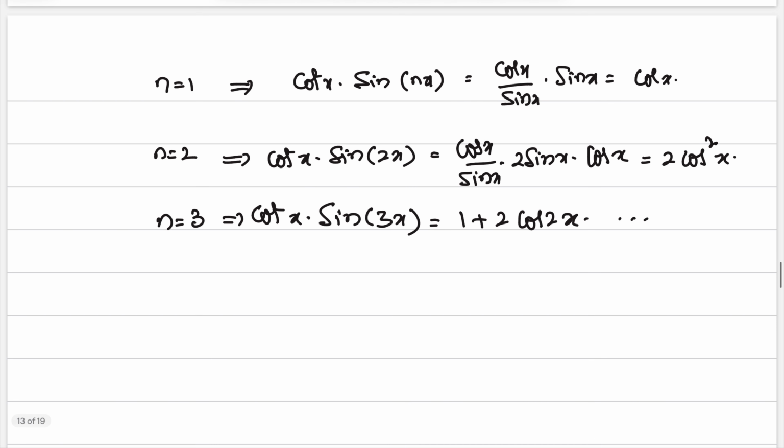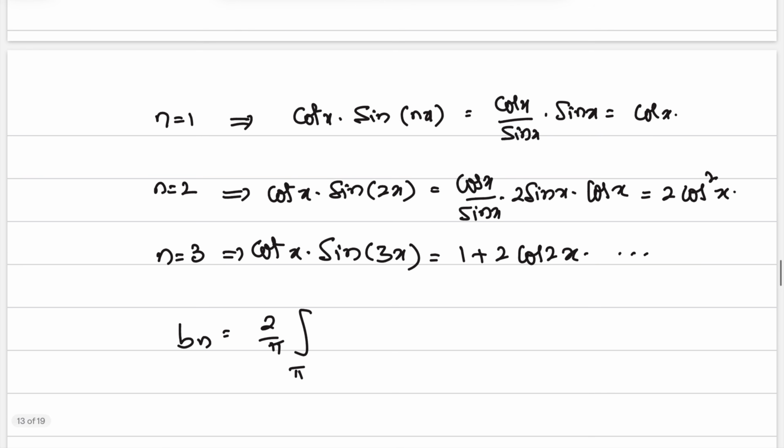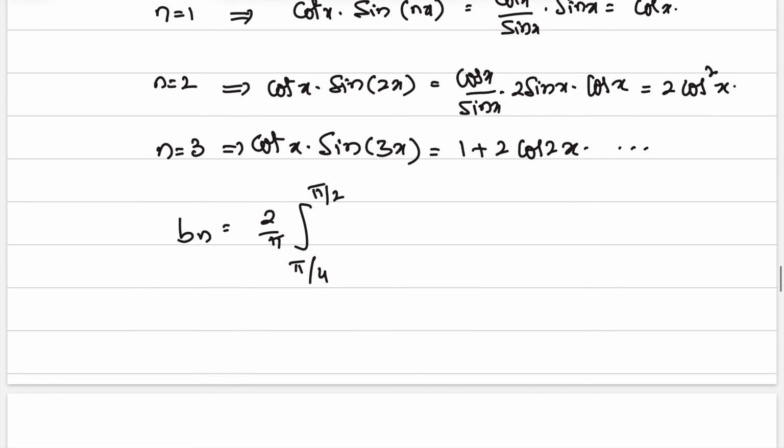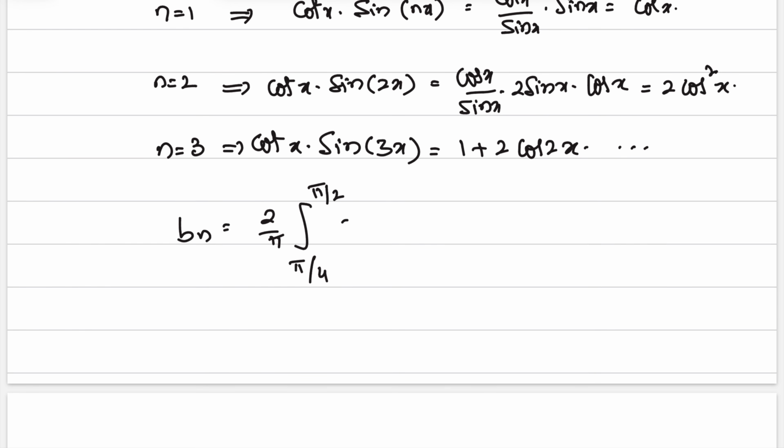Bn is equal to 2 by pi into the integral from pi by 4 to pi by 2 of cot x into sin nx.